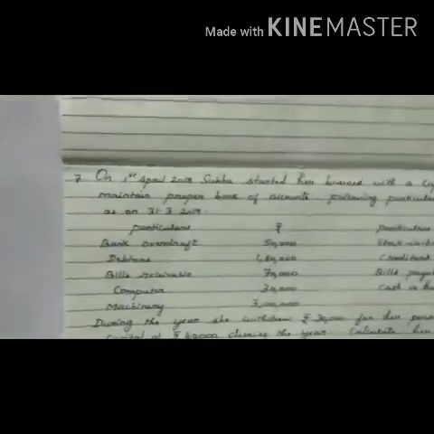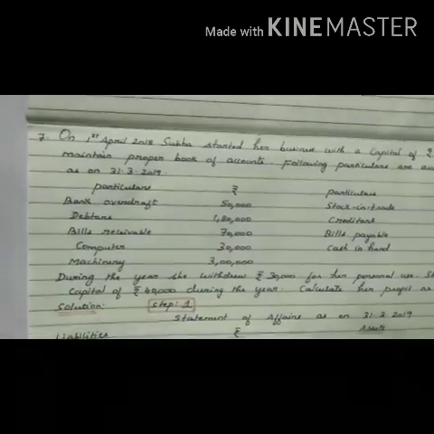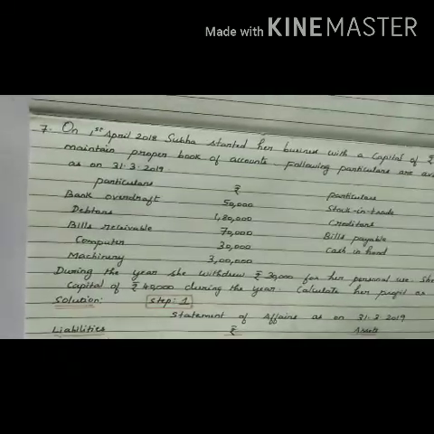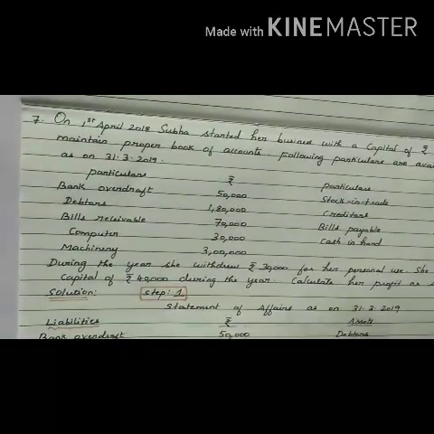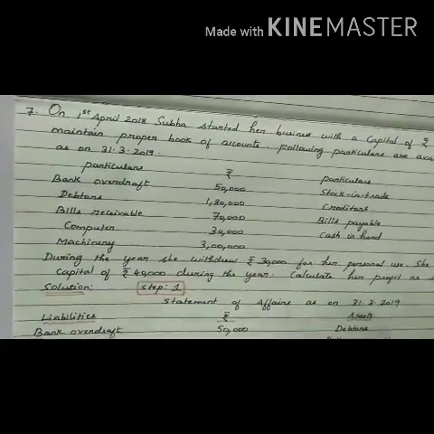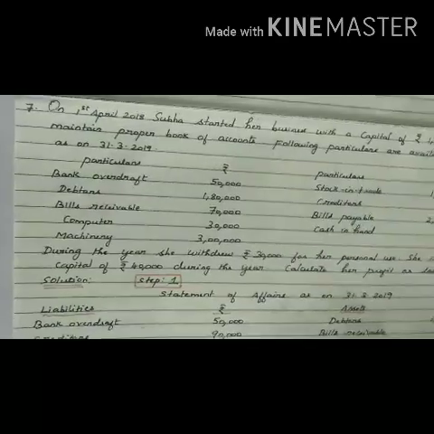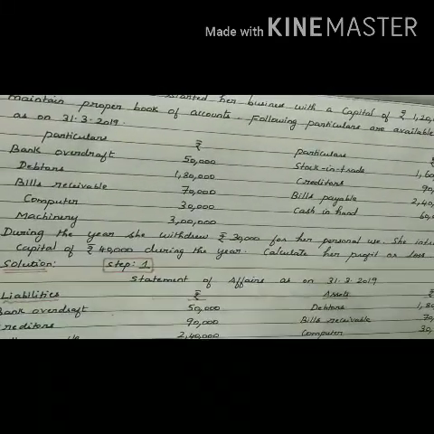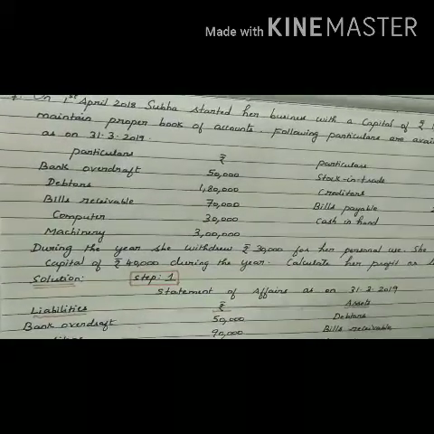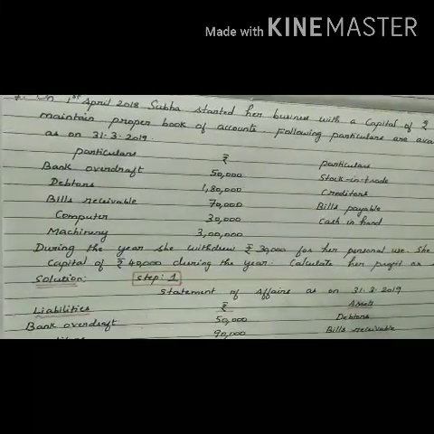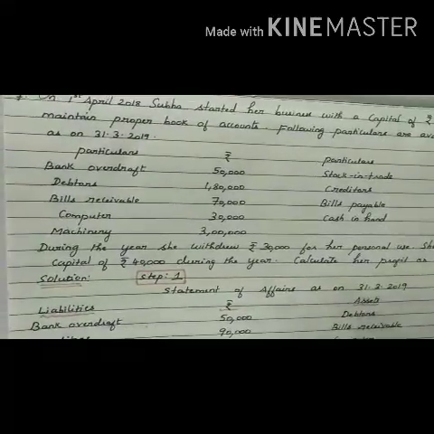So in this problem, they have given us a set of assets and liabilities and some additional information like drawings and additional capital, and they have asked us to find out the profit or loss. The first step will be the preparation of statement of affairs.